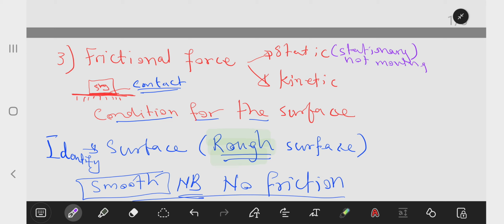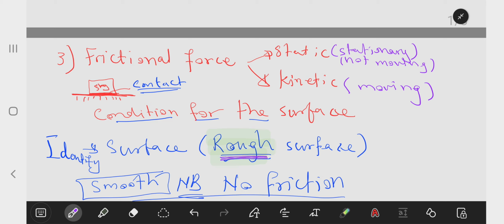If the object is not moving, there is static friction between the surface and the object. However, if the object is moving, then you have kinetic friction, provided that the surface is rough.